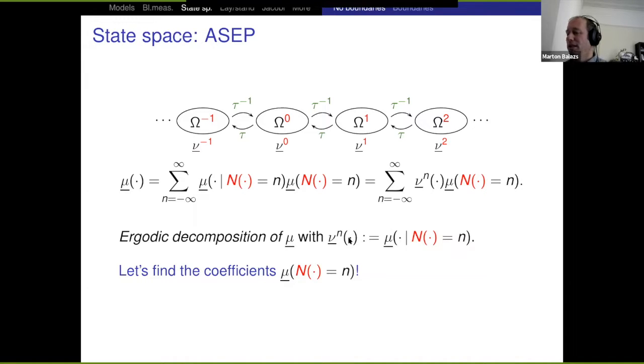So nu n is the product measure, this Bernoulli non-translation invariant product measure conditioned on the conserved quantity. And the next thing I want to do is find the coefficients, find what kind of mixture of these nu n's is the product measure. How is the product measure mixed out of these irreducible component measures, nu n's? Okay, so that's the next task.